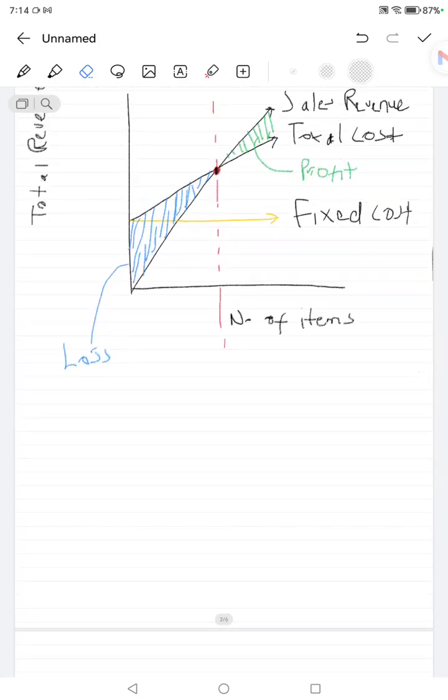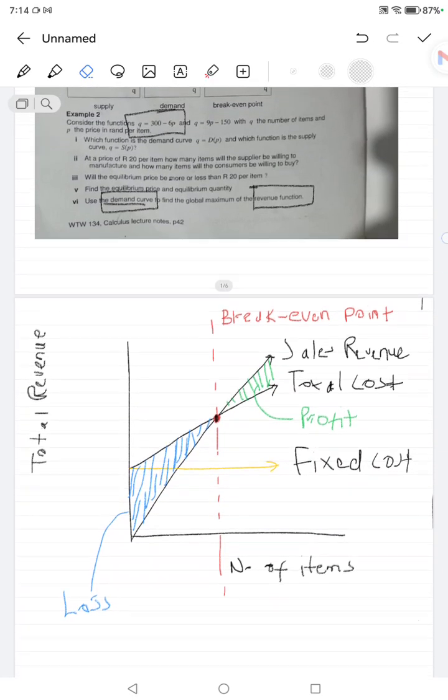Oh yeah. Okay. Oh, they're saying your revenue is your price by your quantity. Then we are on the last one. No, the stylus is off.